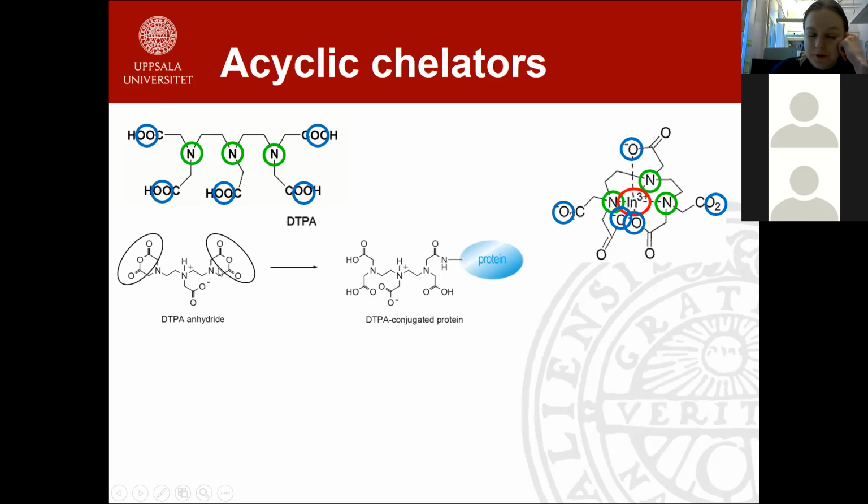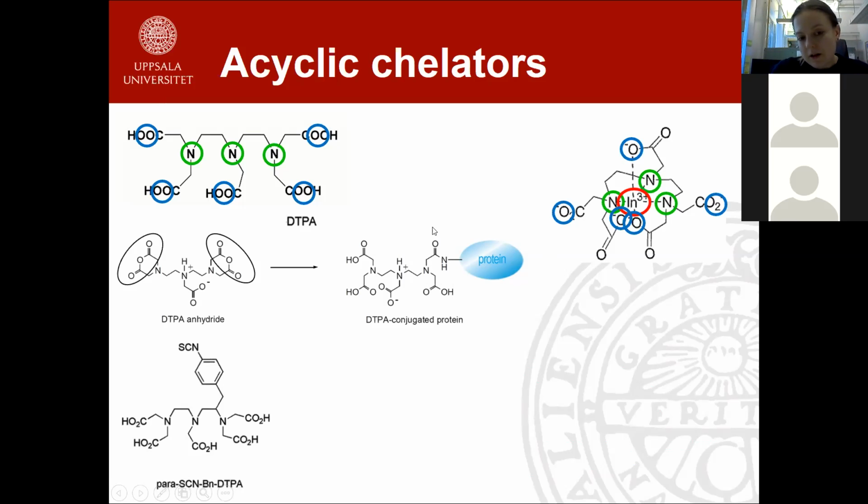And we need to introduce another functional group that can react with these reactive groups on the protein surface, that can react with amino groups or with the cysteine groups, something that can be attached to the protein. So sometimes you can see this term called bifunctional chelators. So the chelator can have 2 functions. First function is the chelation of the metal, and the second is attachment to the protein.